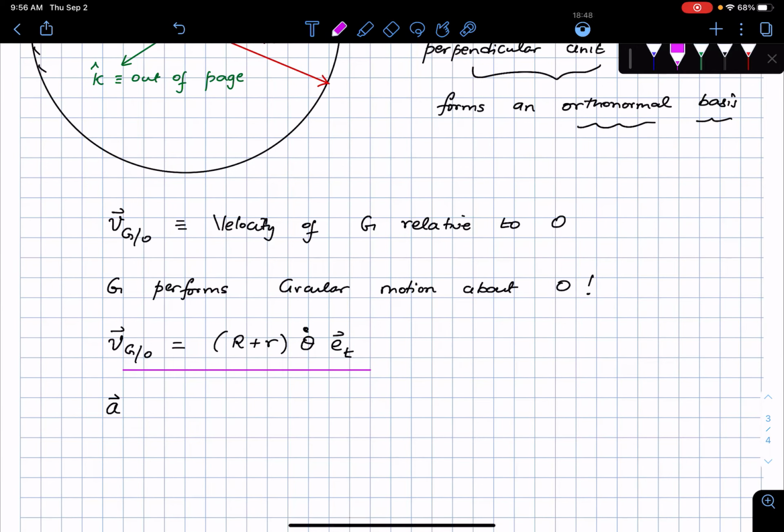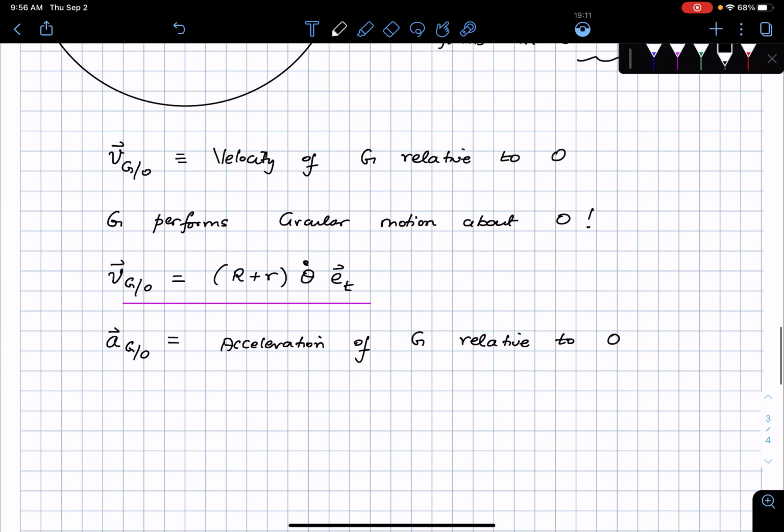Once again, I'll be going a little slow on these problems because this acts as a review for a lot of us. So the acceleration of G slash O is the acceleration of G relative to the point O. The acceleration of point O is 0, so typically these are accelerations with respect to a fixed reference point. That's how I typically write it out. Since G performs circular motion about O, the acceleration of G slash O is going to have something in the tangential direction and something in the normal direction.